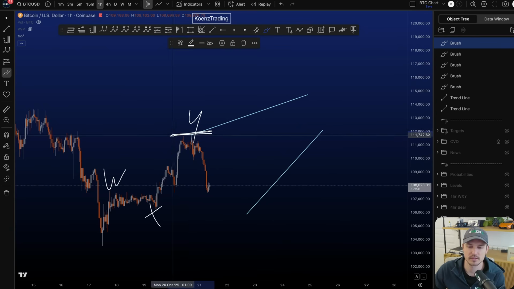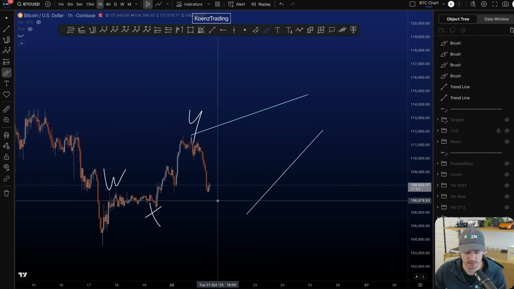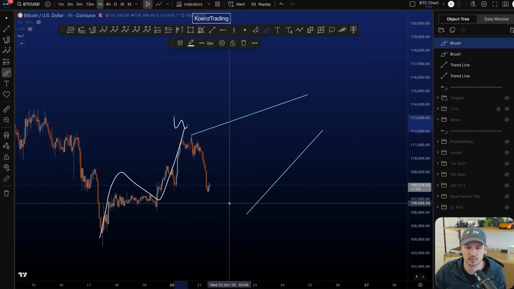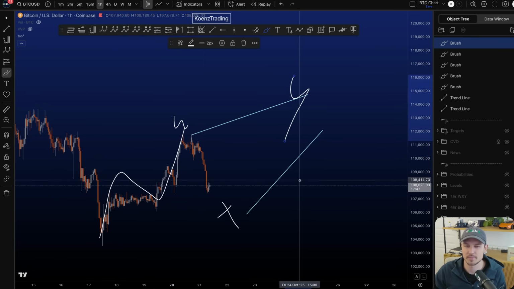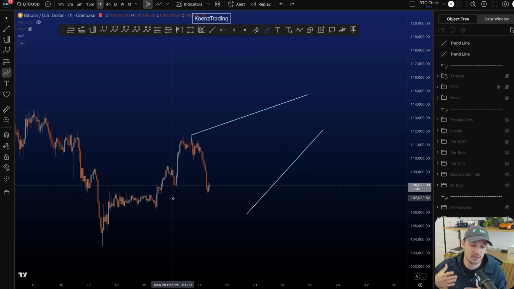The moment you take out this high, a diagonal is the only thing that works if you count a WXY. If you count an ABC, of course, you can get a bigger WXY. You can get other structures still, including a diagonal.